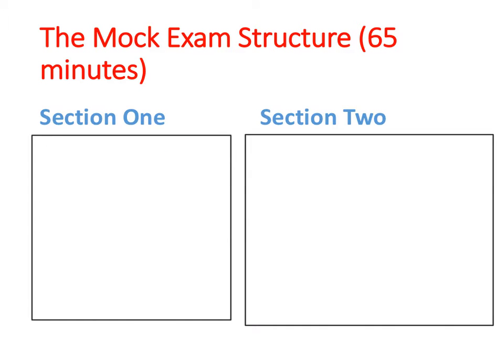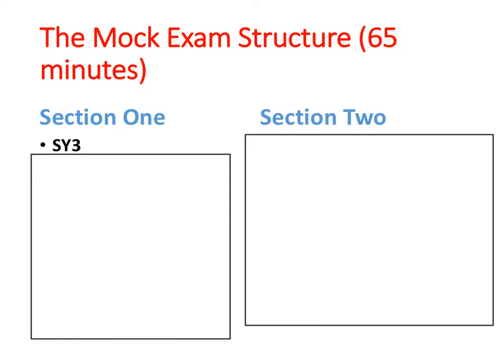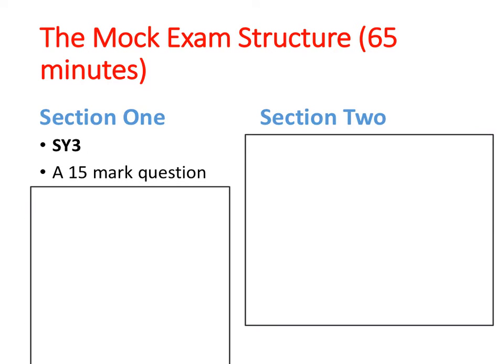The A2 Sociology mock exam will last for a total of 65 minutes and is divided up into two sections. Section 1 of the mock exam will be on SY3, the work that we've been doing on the politics unit, and this section will contain one 15-mark question.